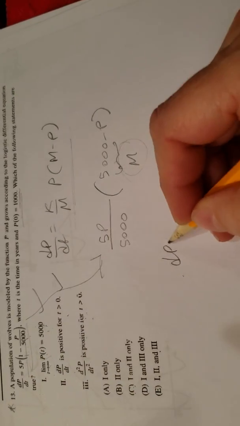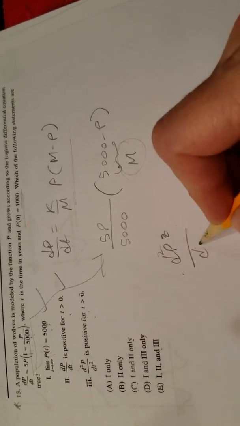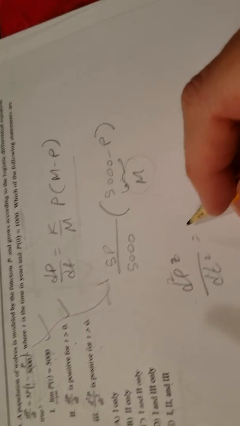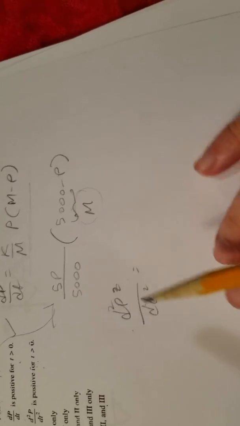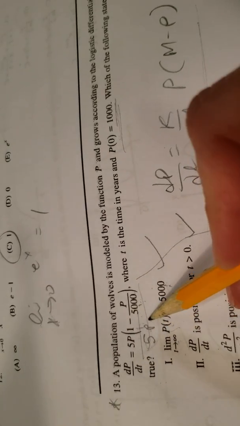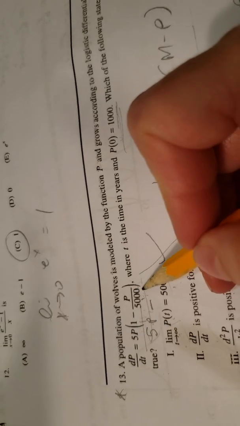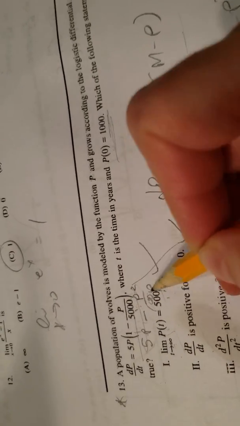Let's find it. Let's find the second derivative. It's not that hard. d squared P over dt squared. So product rule. Or you can multiply through and do it that way. Maybe that's easier. So if you multiply this, it's 5P minus P squared over 1,000, right? Yeah. Okay.